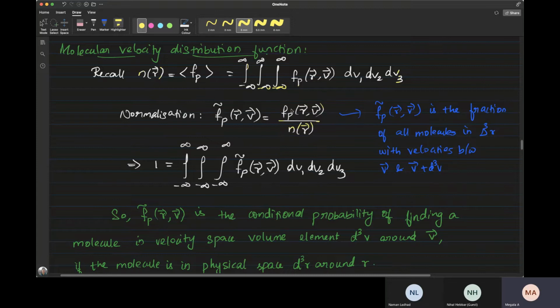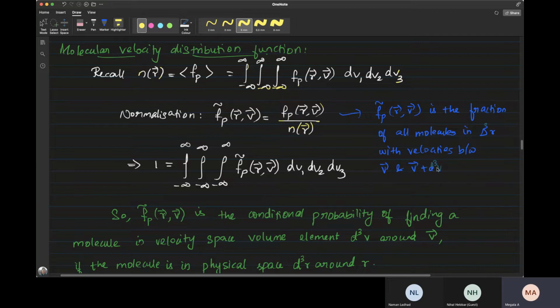This f is the number density in phase space. So it defines the number of molecules at each point in your phase space, given by delta cube r and delta cube V around V.